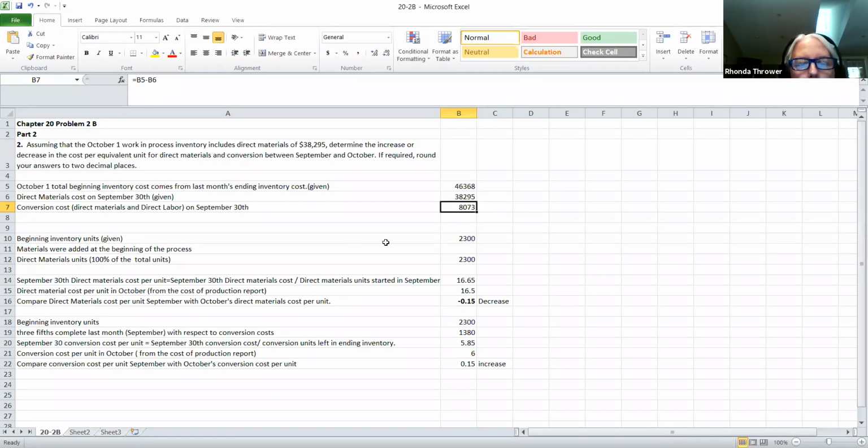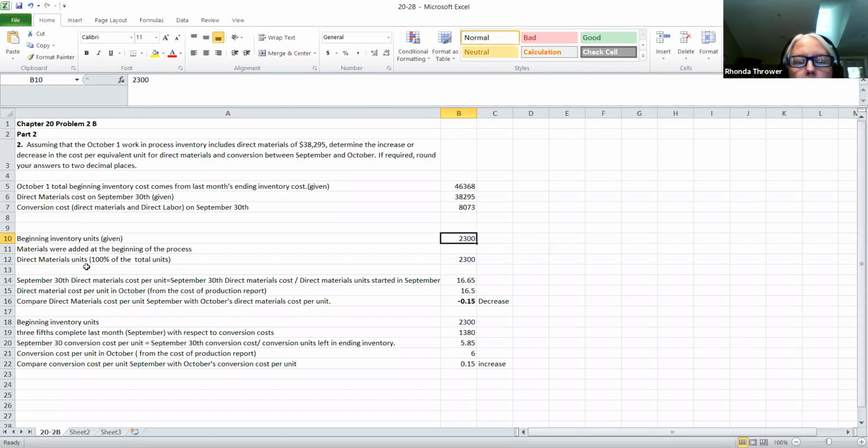Then I started over again with the units. The beginning inventory units was given. Remember, in the given information, we emphasized this a while ago, that all of the materials are added at the beginning of the process. So all of the materials are in there in the beginning inventory costs that were brought forward.